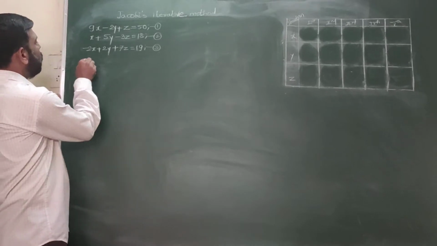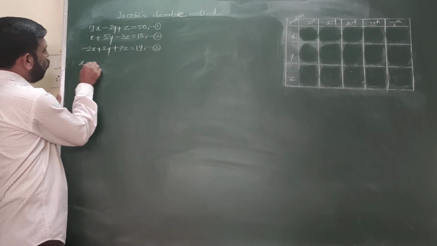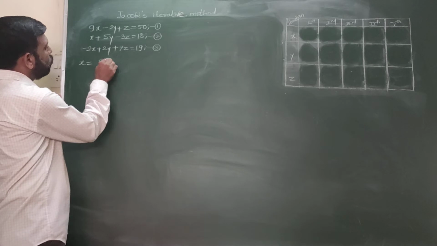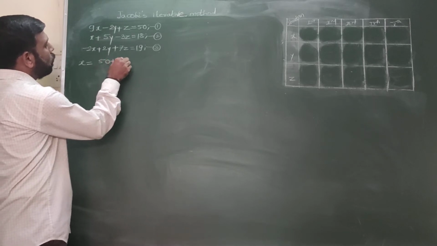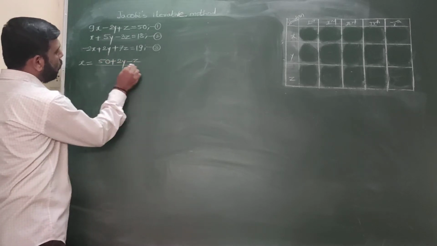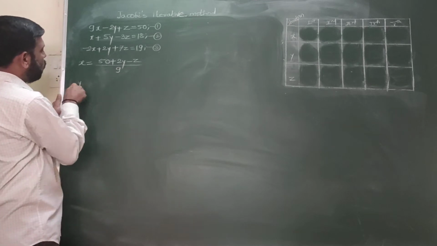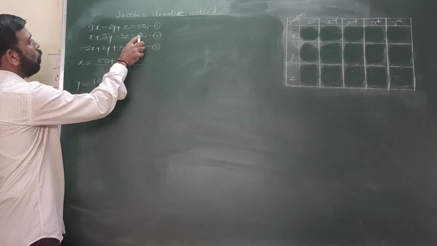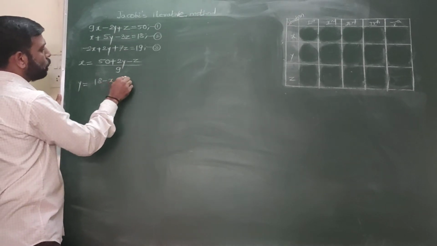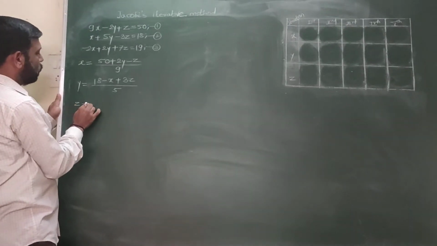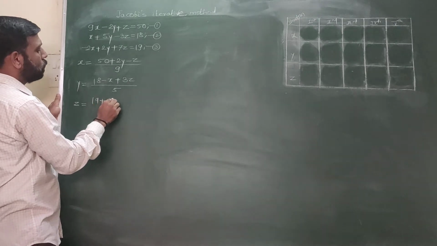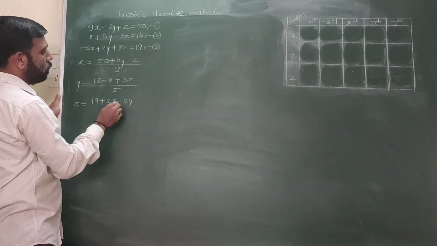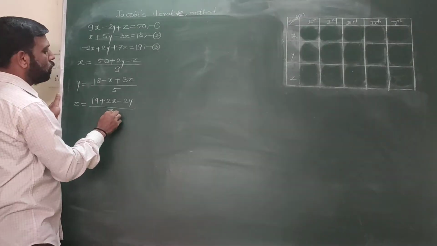And we write the first equation in the form of x: x equals 50 plus 2y minus z upon 9. The second equation in the form of y, and the third in the form of z: z equals 19 plus 2x minus 2y upon 7.